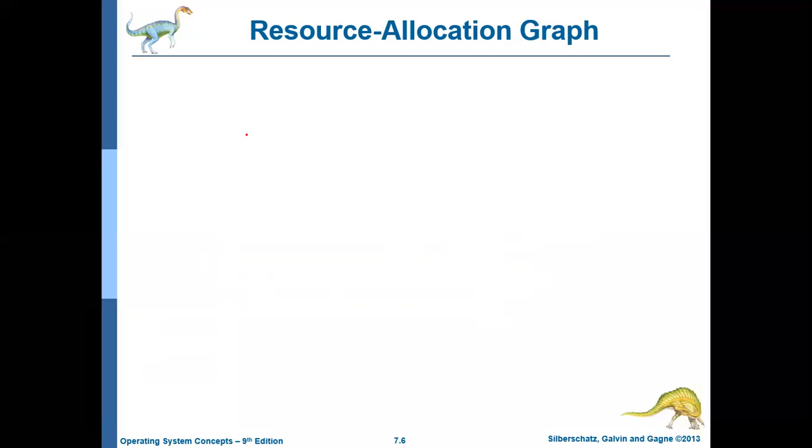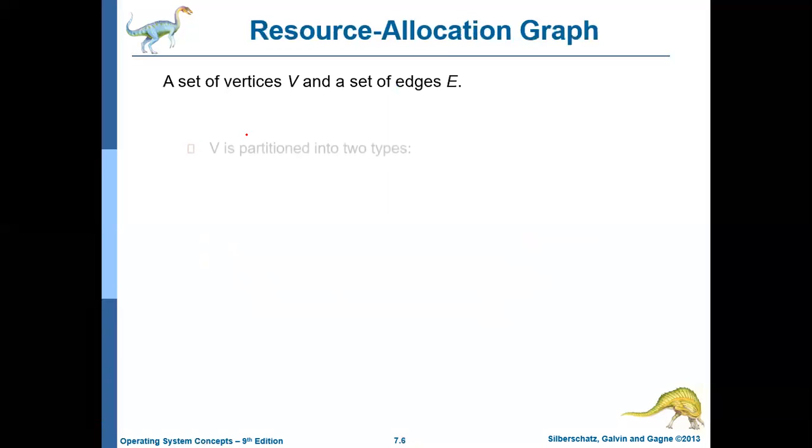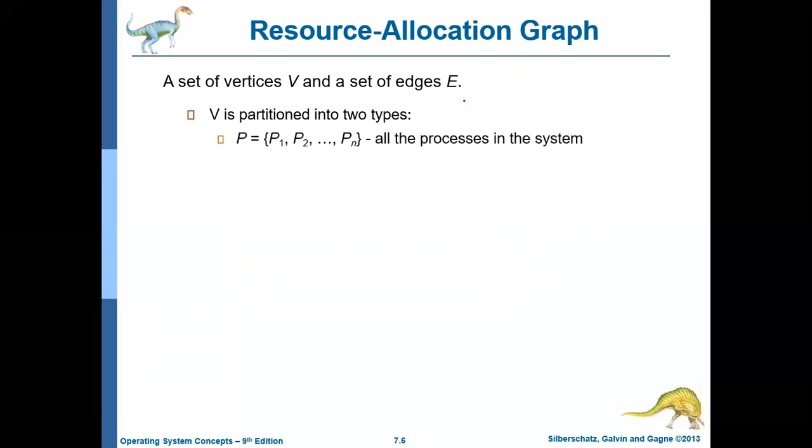So any graph will have vertices and edges. Vertices are represented as V and edges are represented as E. There are two types of vertices. The first type of vertex is process.